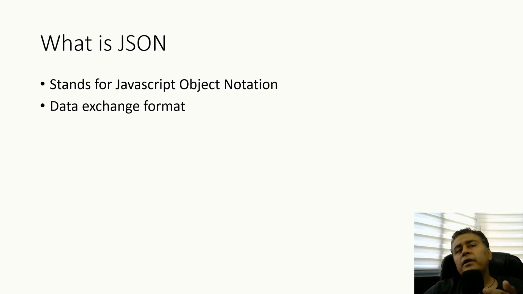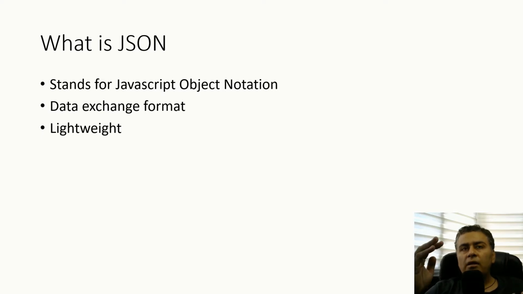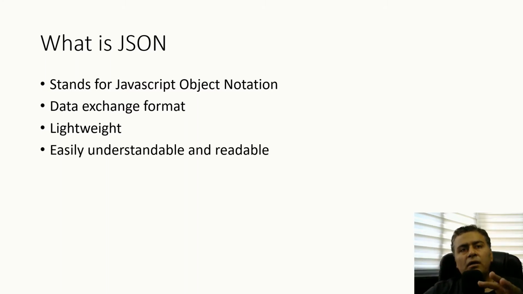It is nothing but a data exchange format. Hold on to this, we'll get into the detail of how JSON is a data exchange format. It's lightweight, and we'll see that in another example when we compare XML and JSON, where we'll see how it is lightweight, easily understandable and readable.